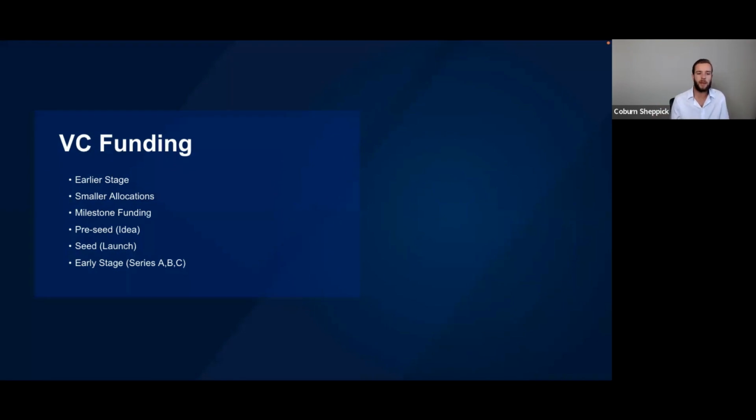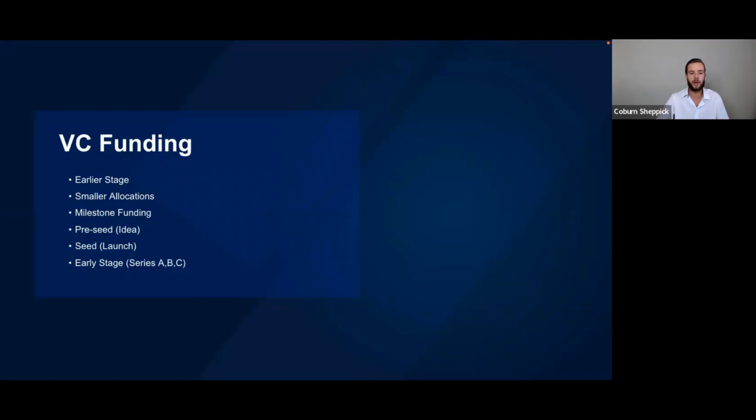Pre-seed is basically at the earliest stage of company formation. This is when founders basically have an idea, and this is pre-launch. This is pre-seed funding. Now, seed funding is to actually launch the company. So pre-seed and seed are very, very early stage, before there's potentially a product on the market, well before there's revenue.